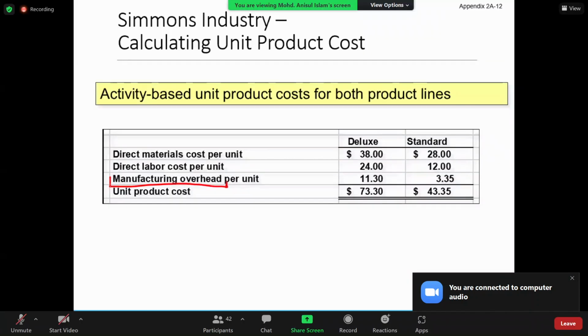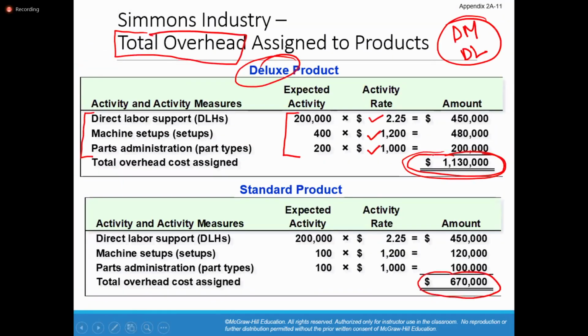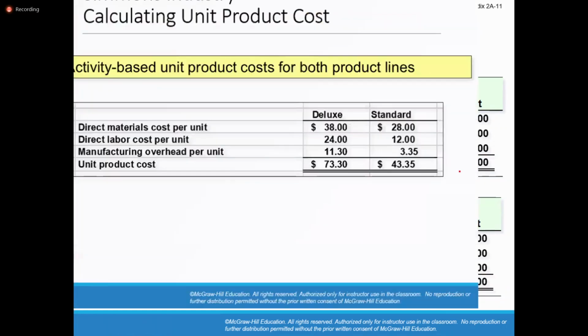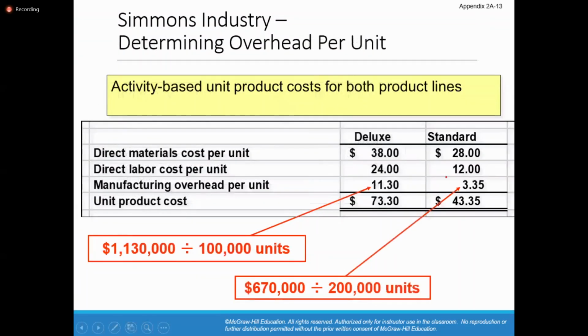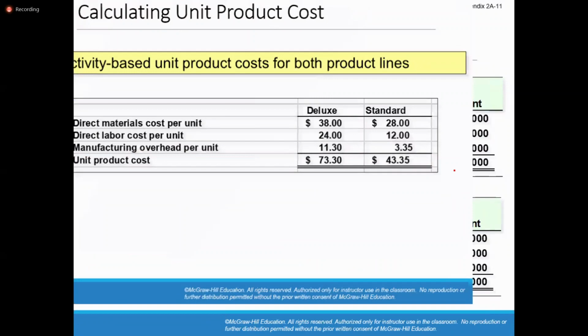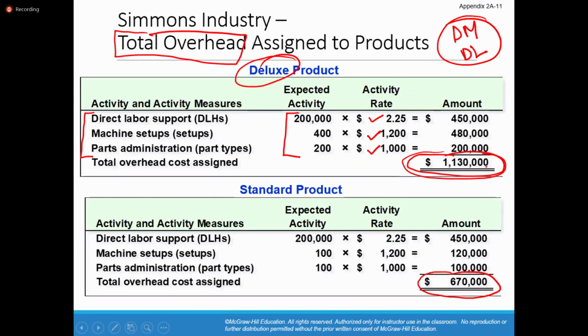How? In this way, you see that for deluxe product, we are incurring in total 1.13 million overhead expenses in total.